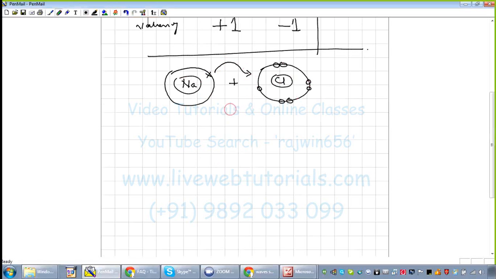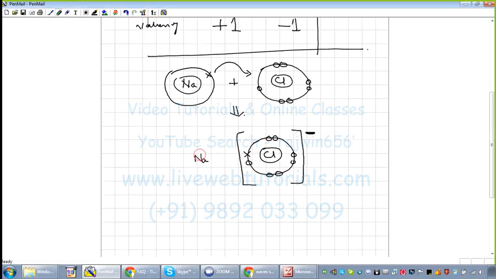So when both of these combine together, chlorine will have one more electron. This is the electron that has come from sodium. This is having an extra electron, so it is going to carry a negative charge.